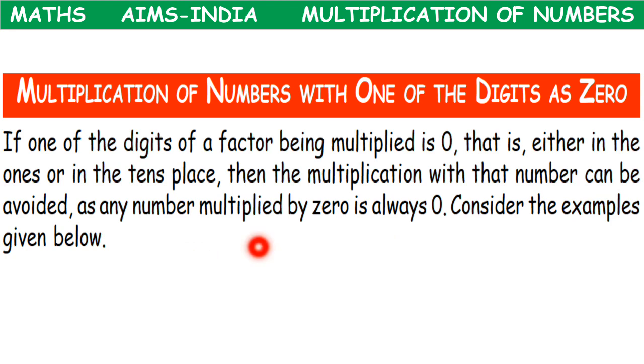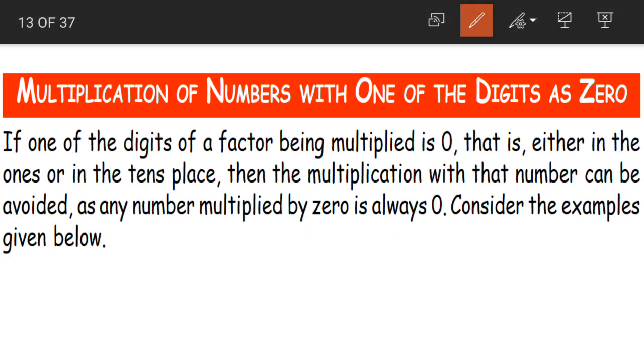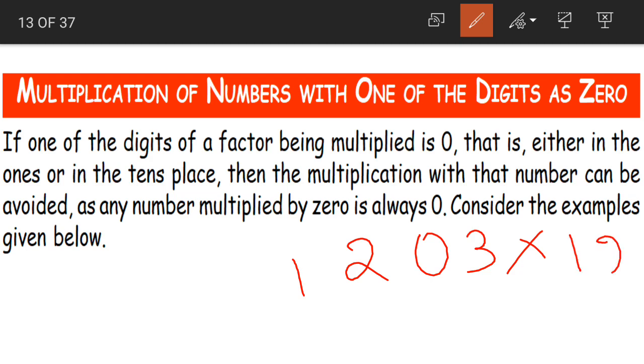Consider the examples given below. What are they saying? Suppose if we have a number, say 1203, and we are multiplying it with 12. Now 1203 has 0 as one of its digits. Yes or no, children? We are having 0 in the number 1203 in the tens place.